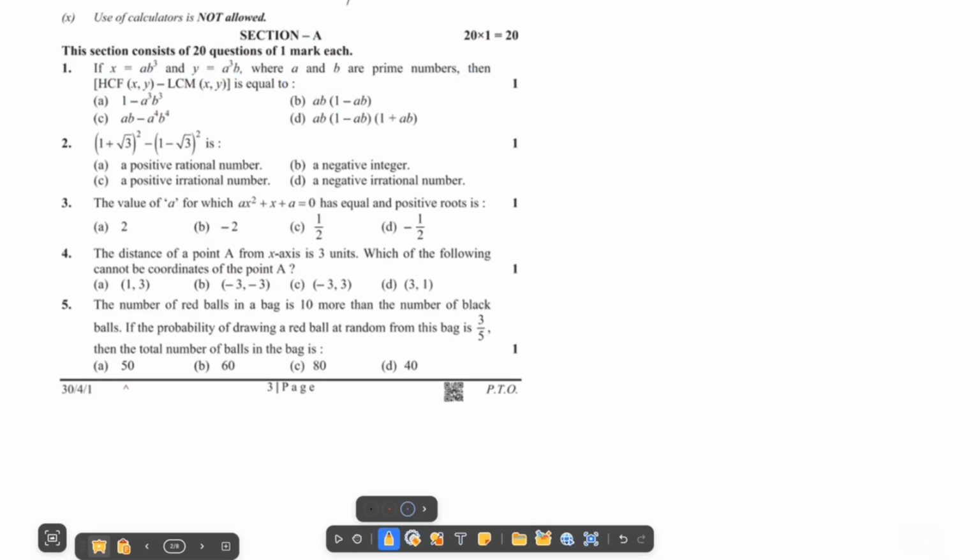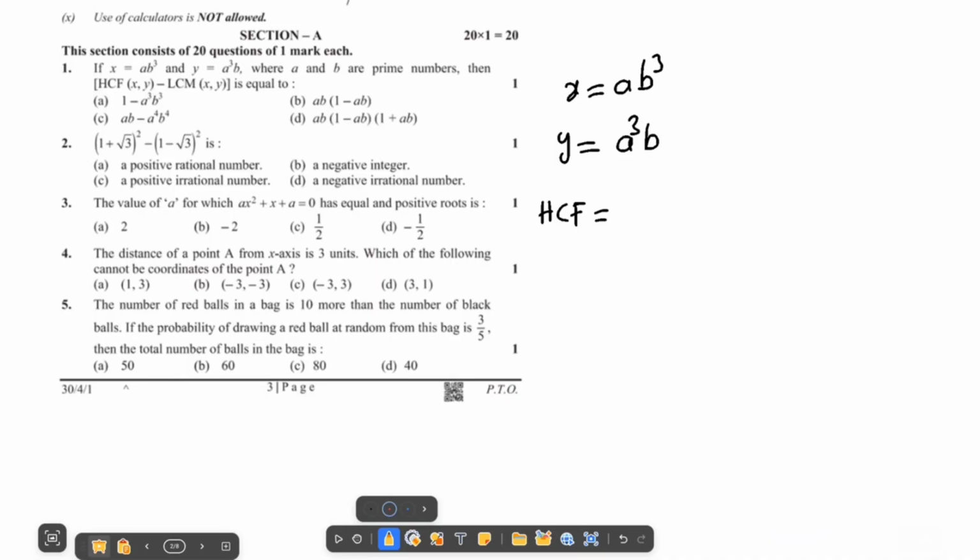So what is x value? a b cube, y value is a cube b. So first of all, HCF. What is the formula of HCF? Product of lowest powers of all the common prime factors. So the prime factors should be common and we have to take lowest.